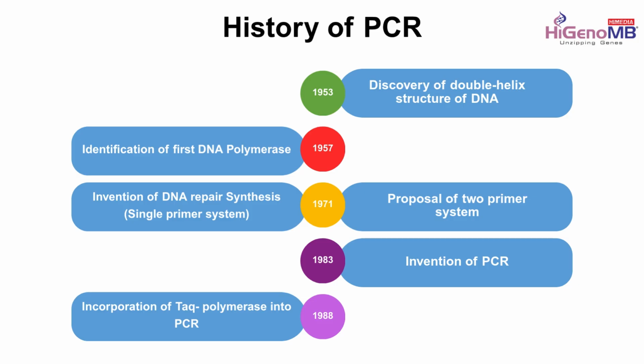But the challenge that he faced was because of the DNA polymerase. The DNA polymerase that was used in the olden days was not very thermostable. In the different stages of PCR, the reaction goes up to 95 degrees, or 60 degrees, or 70 degrees.